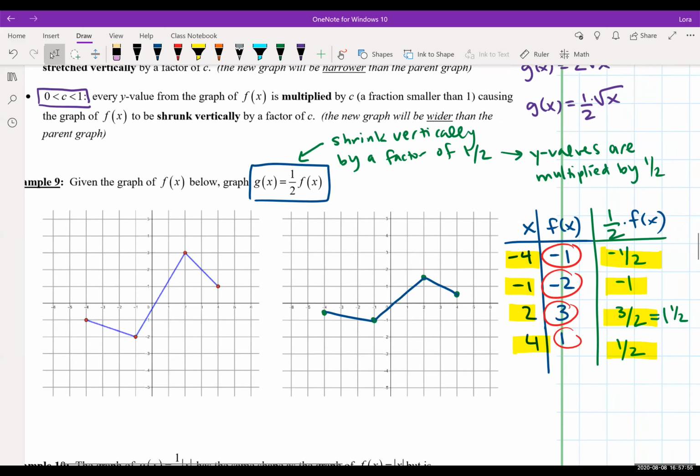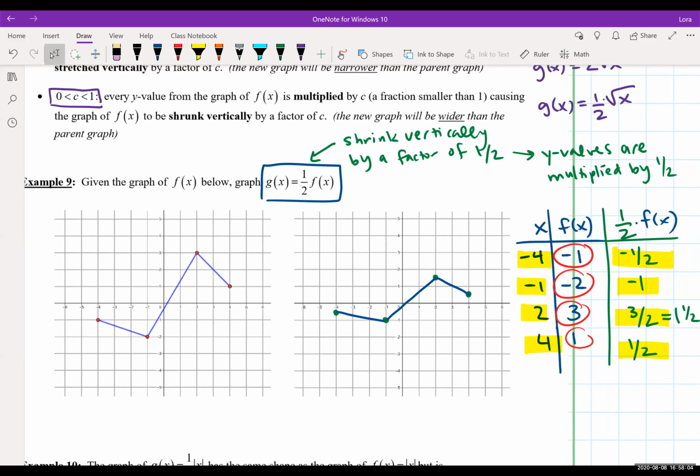So sometimes people like to do it this way because they have a clear idea of what the actual coordinates will be. Other people kind of have a visual approach. So, you know, sometimes you have a strength in one or the other. I'll show you the visual approach, and sometimes it involves me drawing it on the same graph.